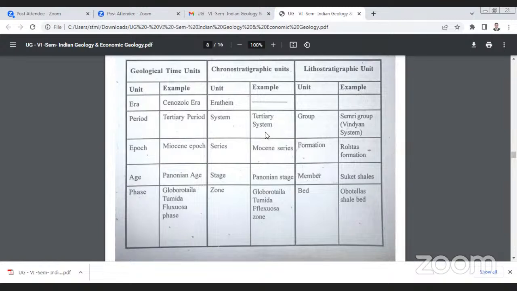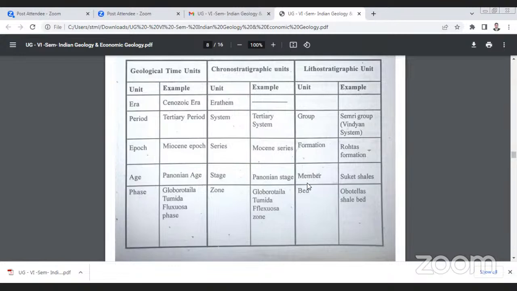The period belongs to the Tertiary system. The epoch is known as a series, the Miocene series. The age belongs to the Pannonian stage. The phase is known as a zone, and the best example for this is Tumida.